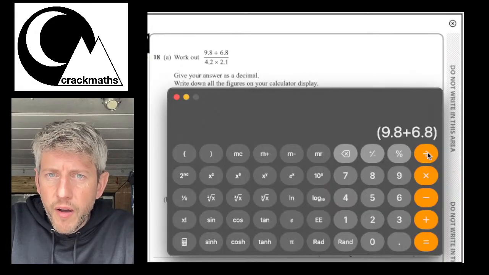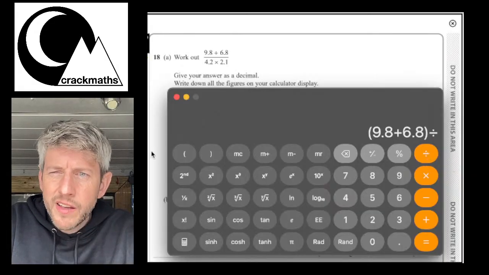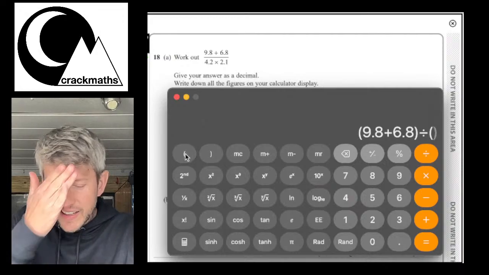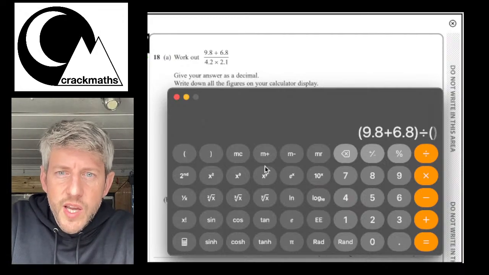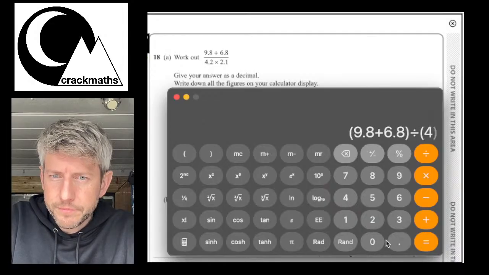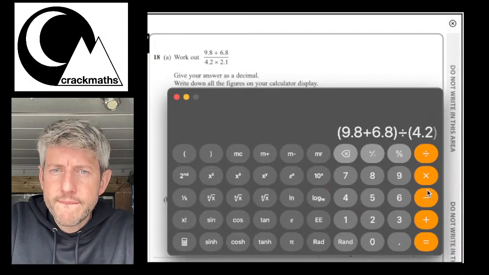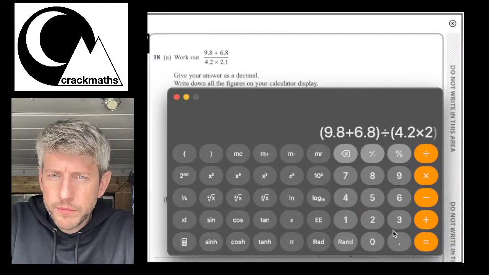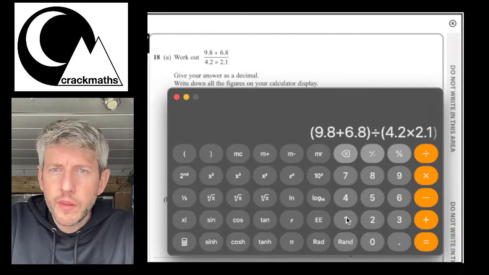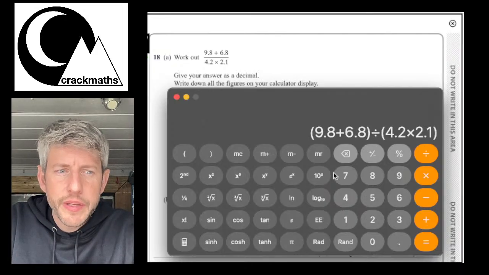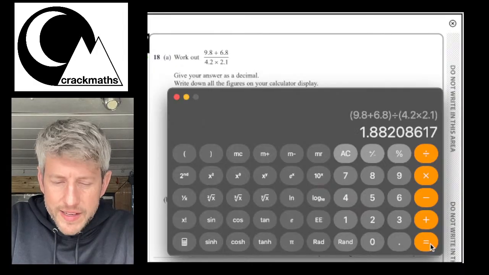Now I'm going to put divide because that line does mean divide. And then I'm going to use brackets again to collect the information on the bottom. So we've got 4.2 times 2.1. Okay, and here we go. If I press equals, this will give me the right answer.